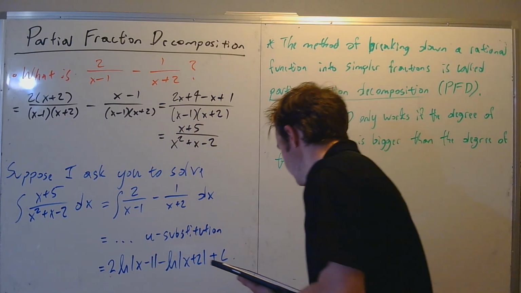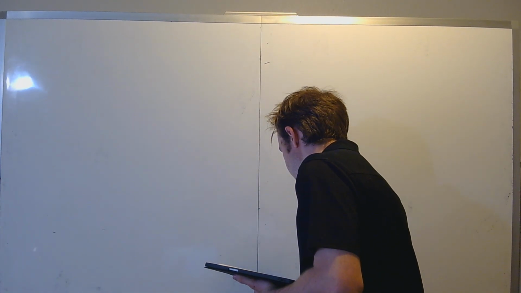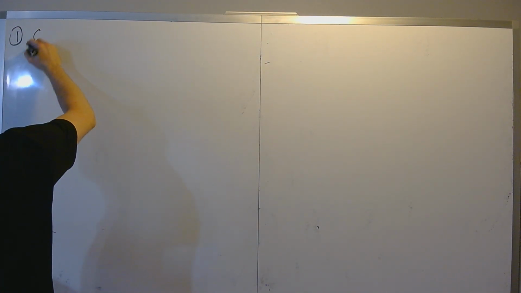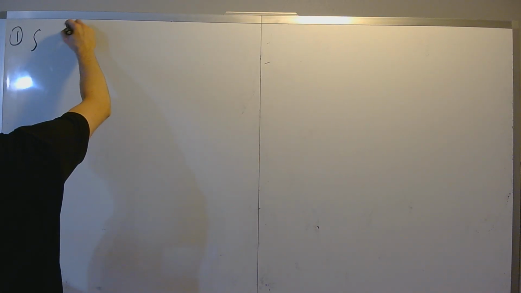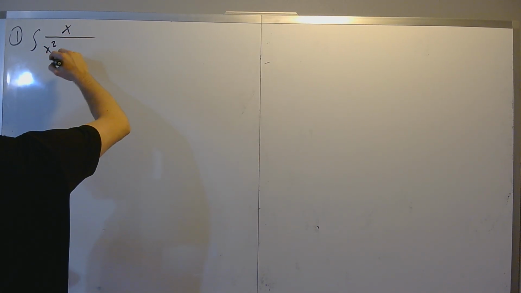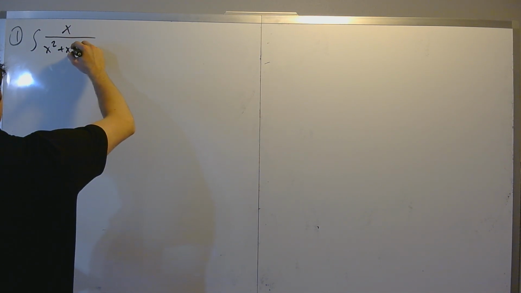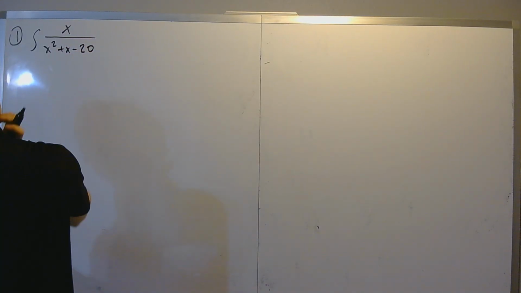We'll just go ahead and flip to the other board. So, example number 1. Let's say we have the integral of x over x squared plus x minus 20 dx.